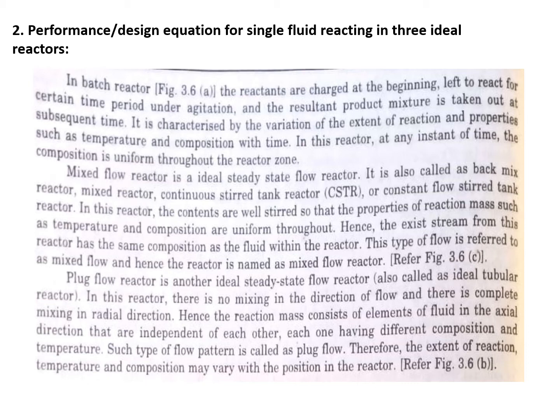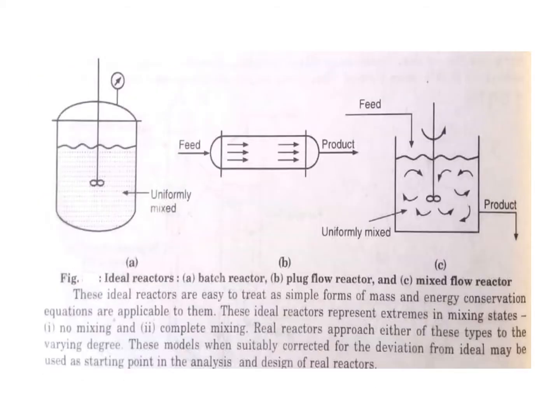So in this performance design equation for a single fluid reactor, three ideal reactors will continue. Here you can see diagrams A, B, and C. A is the batch reactor, B is the PFR, plug flow reactor, and C is the mixed flow reactor.